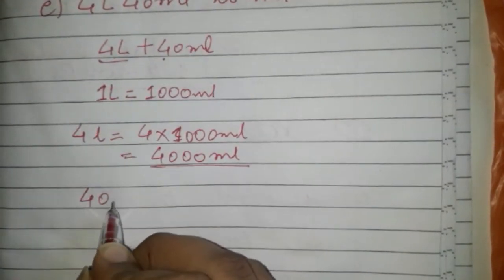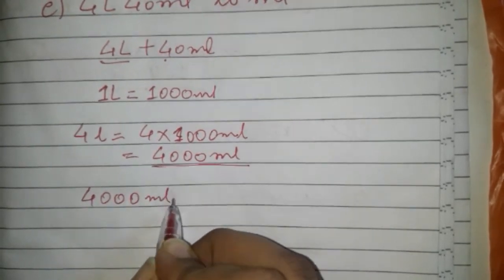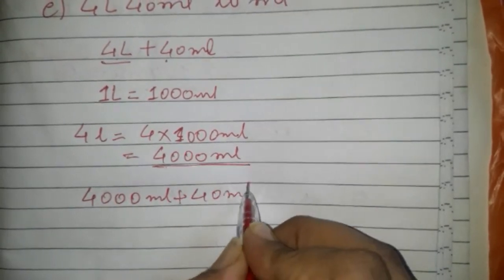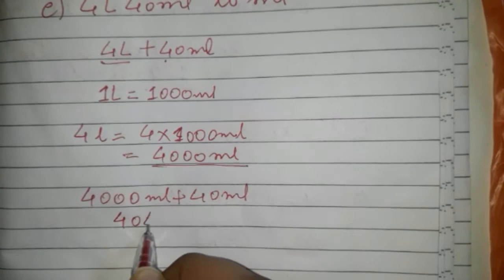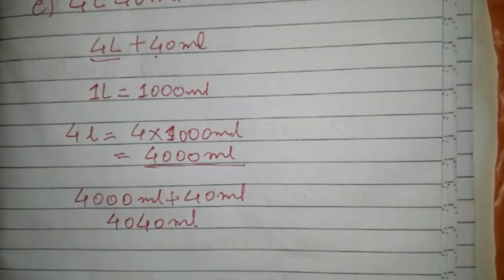Now we will add the quantity with the same units, 4000 milliliters and 40 milliliters, and become 4040 milliliters.